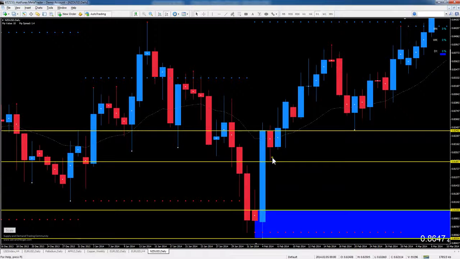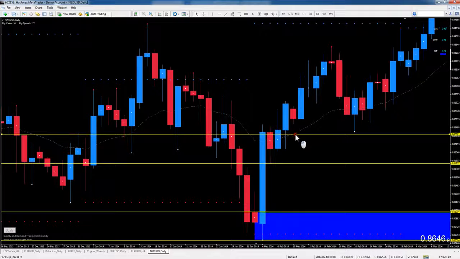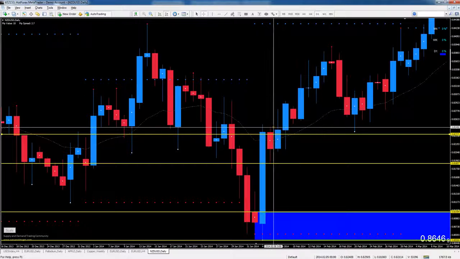So when we do have a CP pattern, we also look at this. We will take a look at the basing candles 1 and 2, and then we will cover both areas, if both open and closes, if this close is not higher than the previous candle's high.